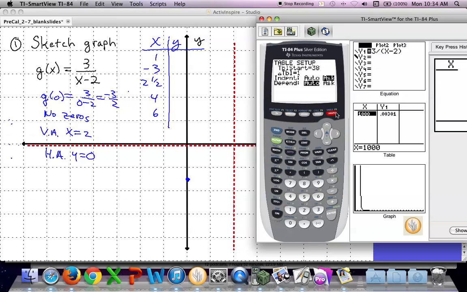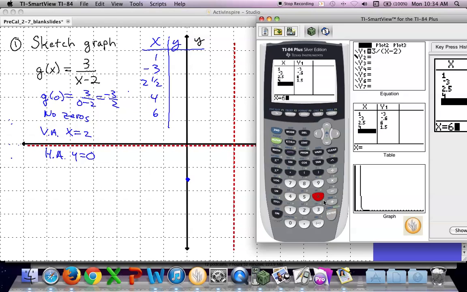So second, clear. Okay, how about 1? Negative 3, 2.5, positive 4 and 6. It's the same thing.